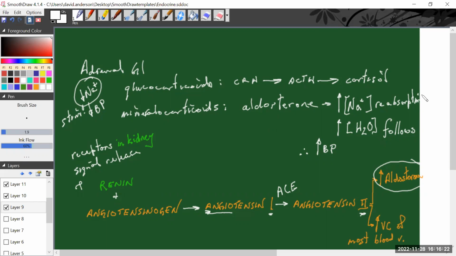So we fix the problem. We have sodium channels in the kidney tubules that will promote reabsorption when exposed to aldosterone. We okay with that? Yeah, we're good. Okay.